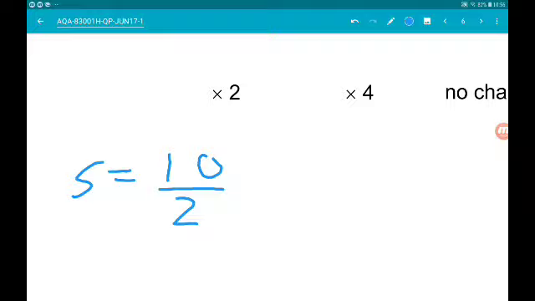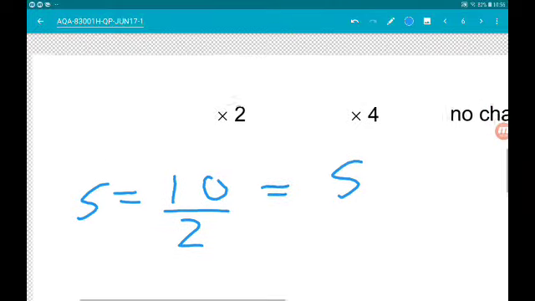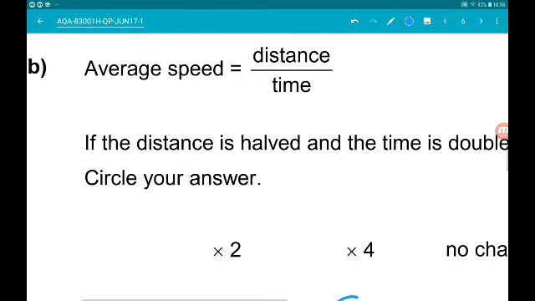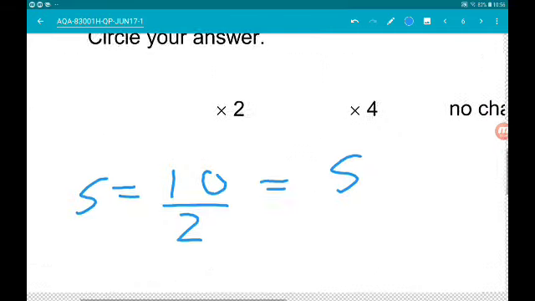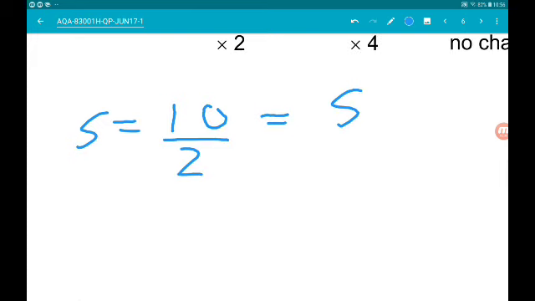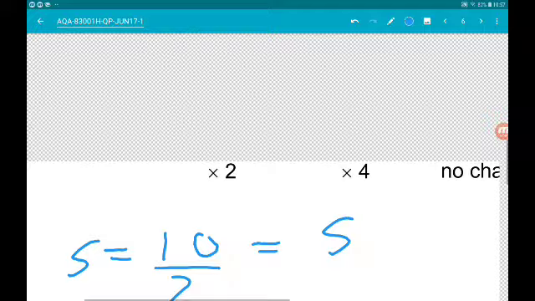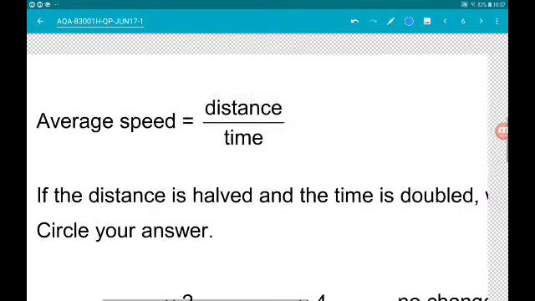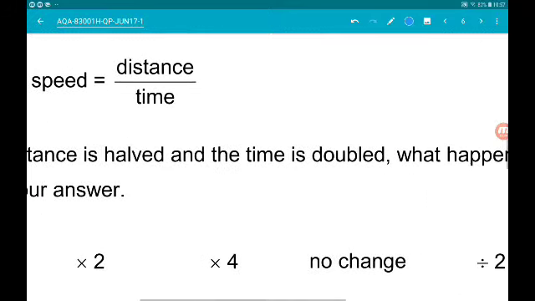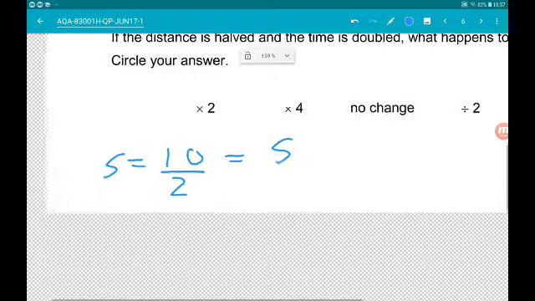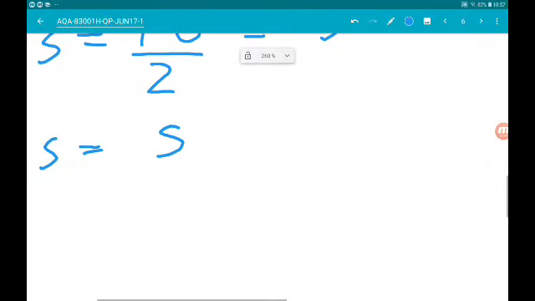Those numbers were nice. Now that is going to give us 5. Now the distance is halved. So that's going to give us 5. And the time is doubled. So that's going to give us 5 over 4.